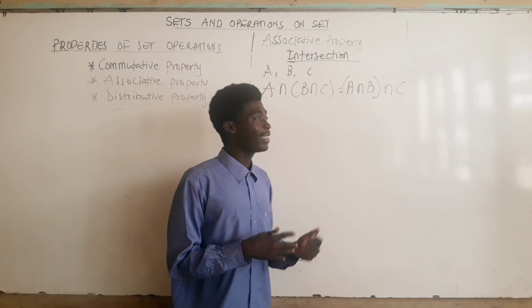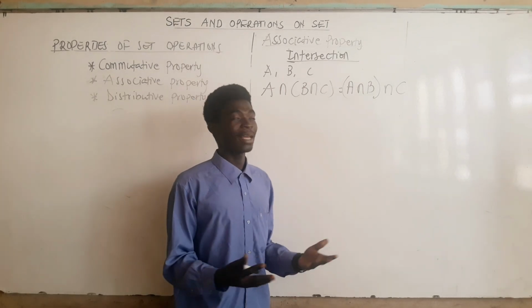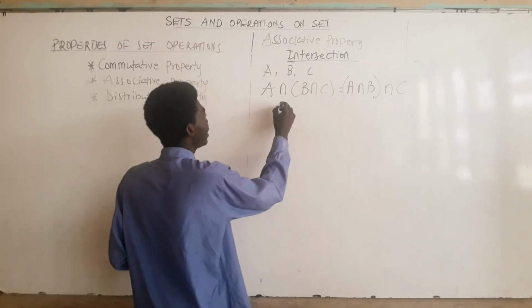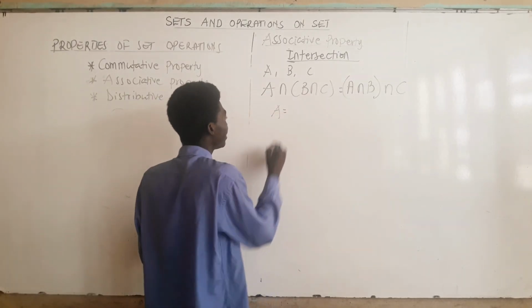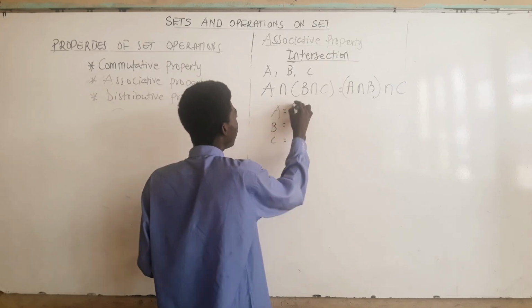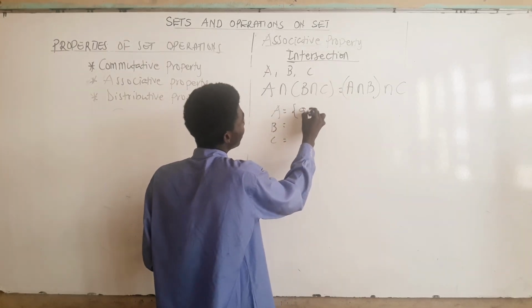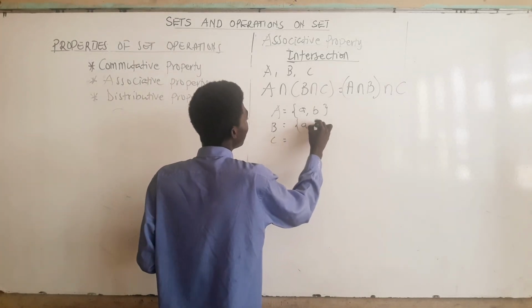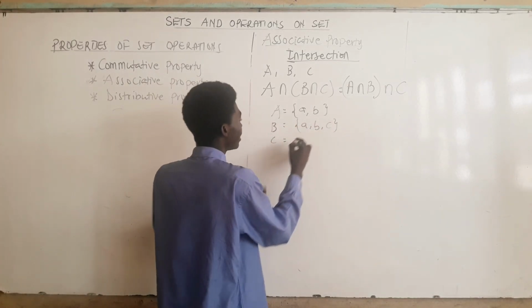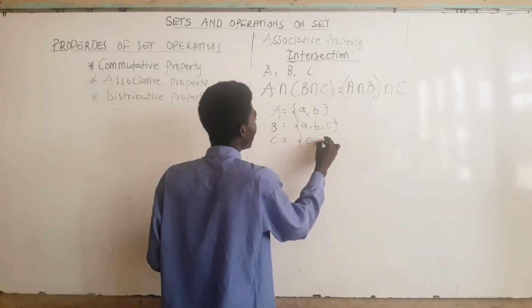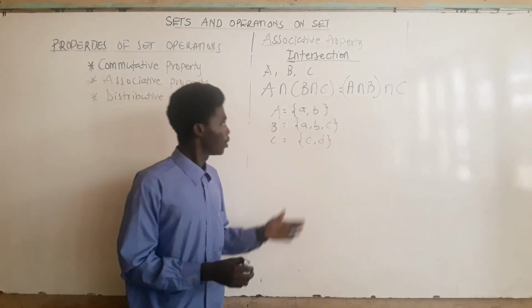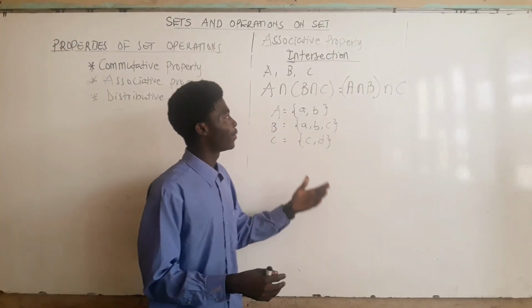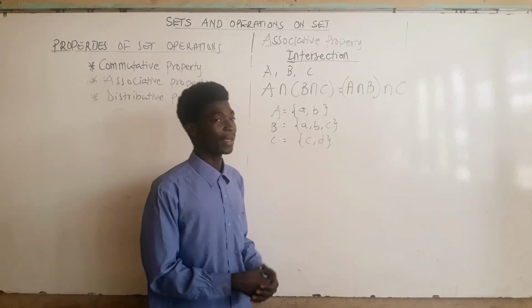So now let's solve an example and let's prove whether this is true. Example: we have the sets A, B, and C. Set A will contain, let's say, a and b. Set B will contain a, b, and c. And set C will contain c and d. Now this is an example to prove the mathematically shown formula here.